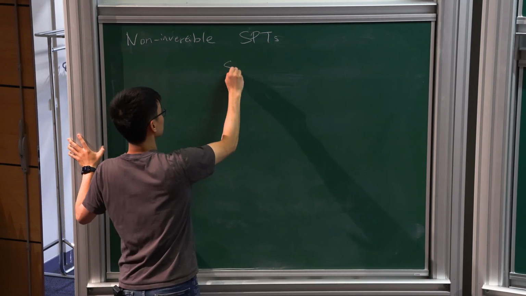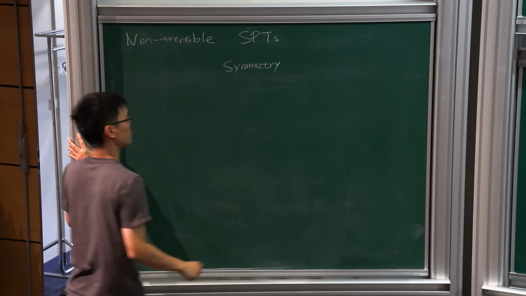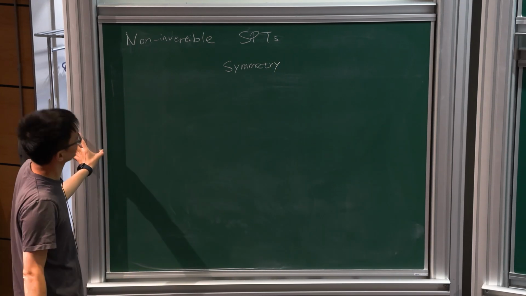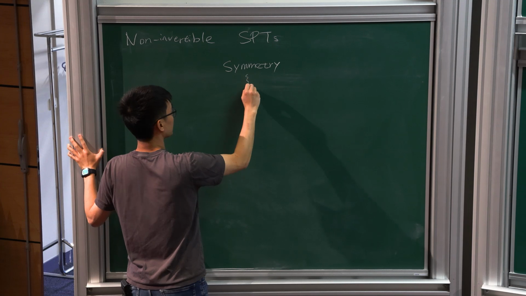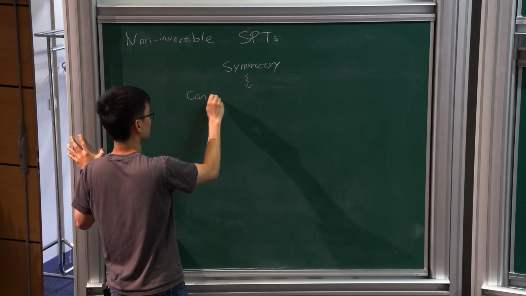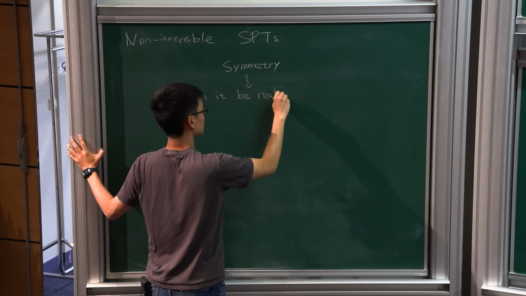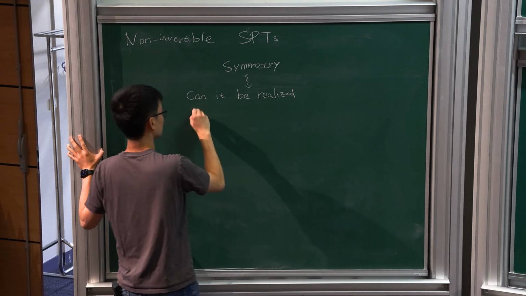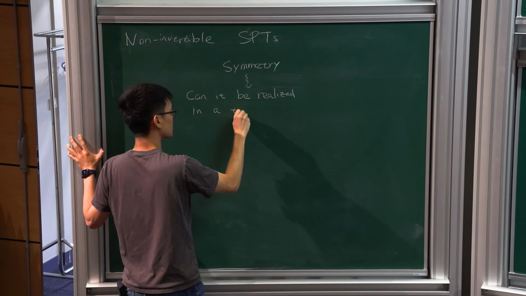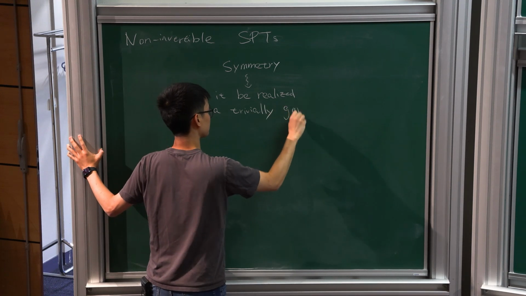So if someone hands you a symmetry, it could be either on the lattice or in the continuum. You can go ahead and try to ask, can I realize it, or can it be realized in a trivially gapped phase?